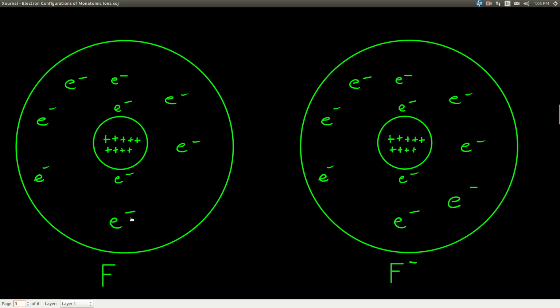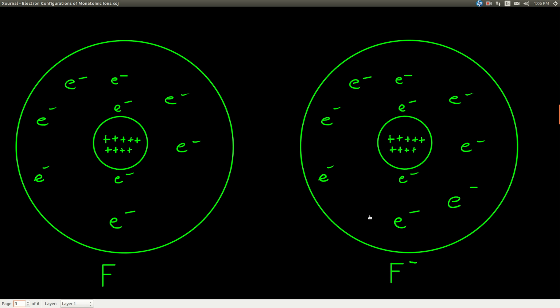When we make anions, it's just the opposite. We have to add electrons. So a neutral fluorine atom has 9 protons, represented by the 9 positive charges in here, and it also has 9 electrons because all the electric charges cancel. Same number of electrons as protons in a neutral atom. To make an anion, we add an extra electron, or 2 or 3.